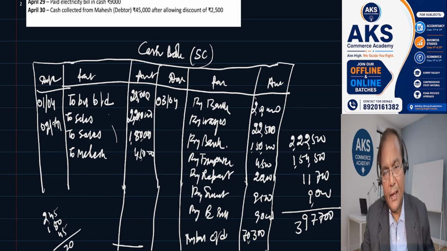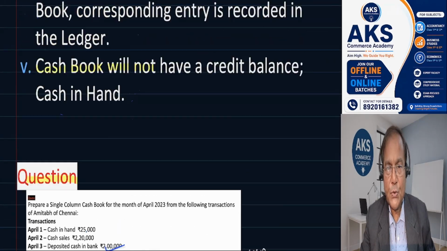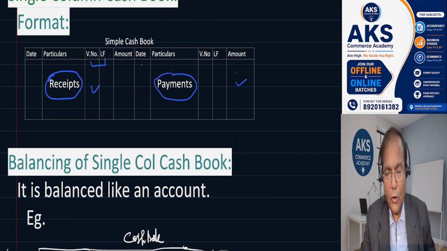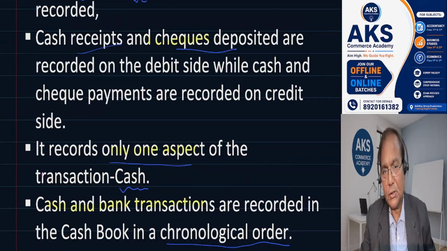The balance again becomes the opening balance for the next accounting session, be it month or year. So this is how we have understood all the points discussed today thoroughly with regard to single column cash book.